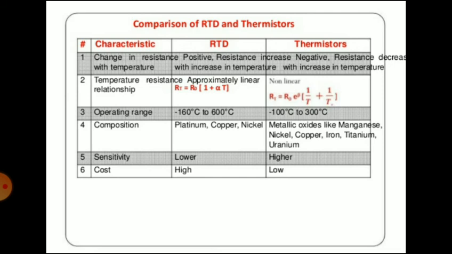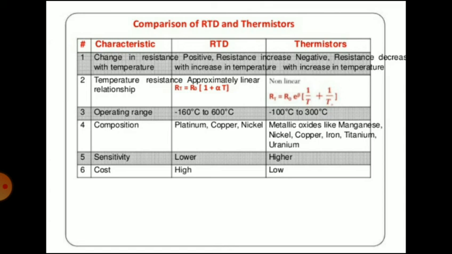You can see this chart for the comparison of RTD and thermistors. First characteristic is change in resistance with temperature. In case of RTD, resistance increases with increase in temperature. In case of thermistors, resistance decreases with increase in temperature, in the case of a negative temperature coefficient thermistor. Then the operating range is given.